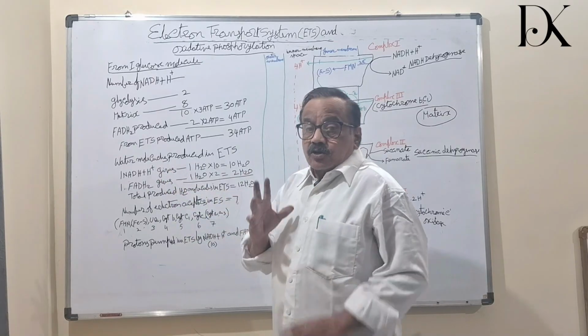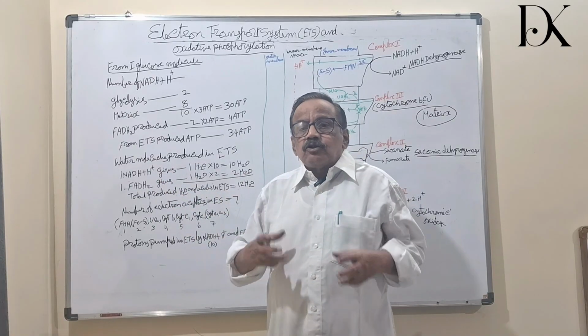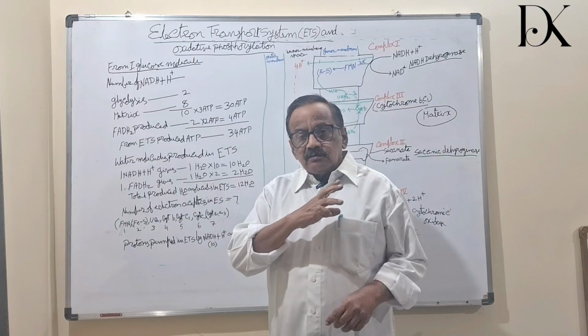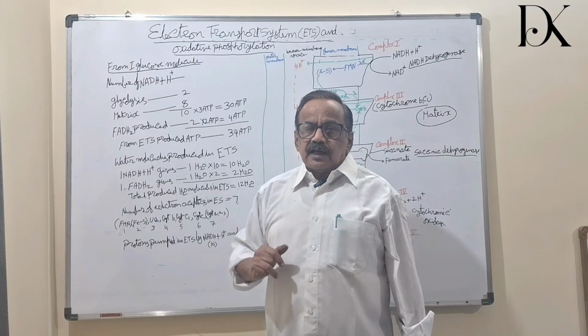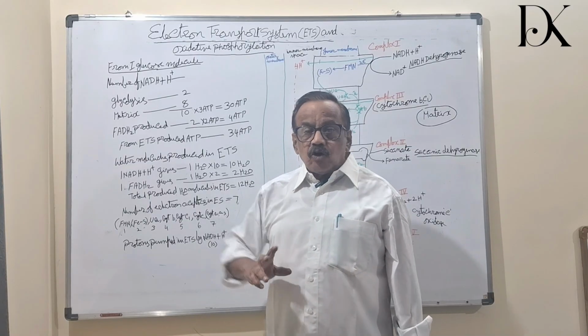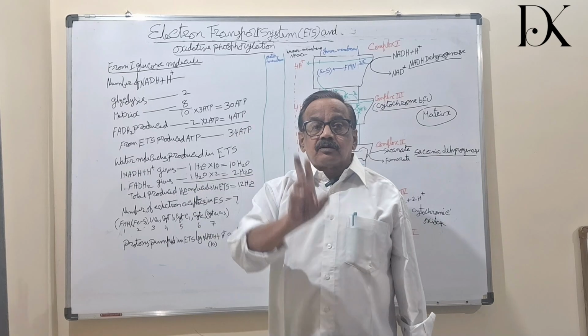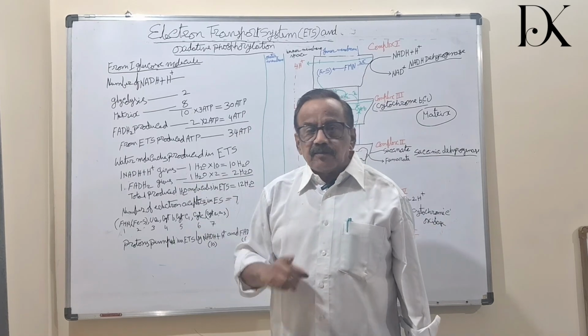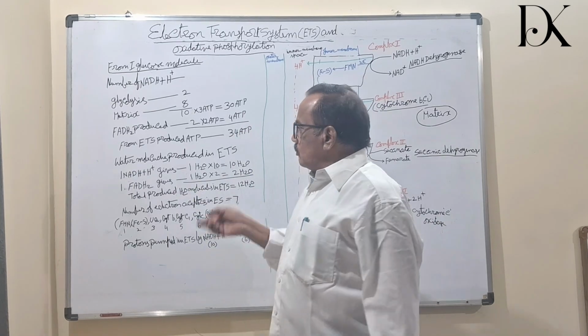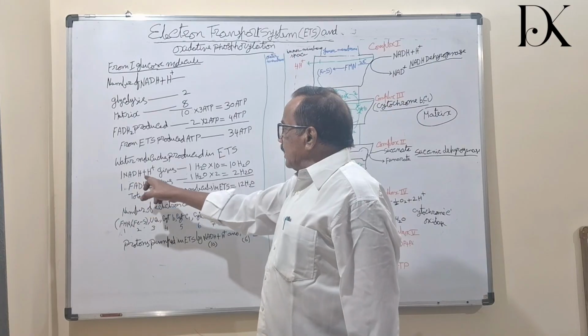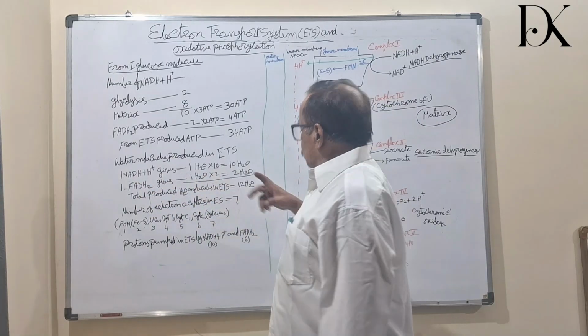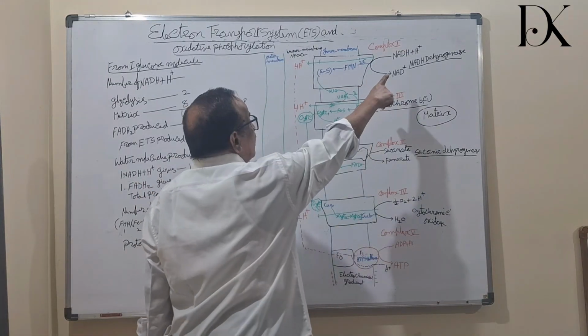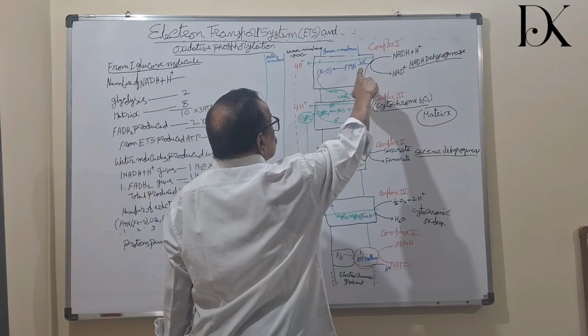Now water molecules are produced in the electron transport system. How many water molecules will be produced? He will ask total from one glucose. Now for that, one NADH gives one H2O, because here one NADH gives two electrons.